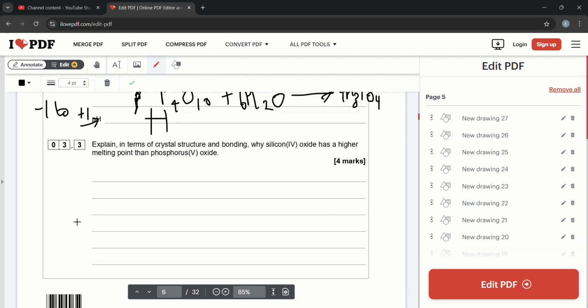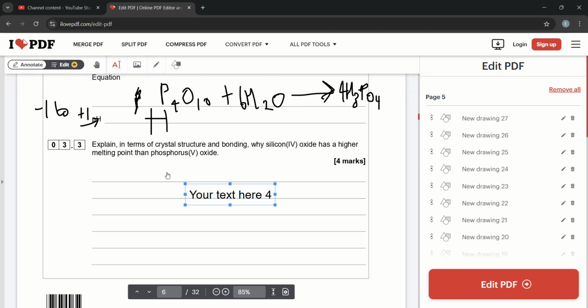explain in terms of crystal structure and bonding why silicon dioxide has a higher melting point than phosphorus oxide. Classic question. 4 marks.